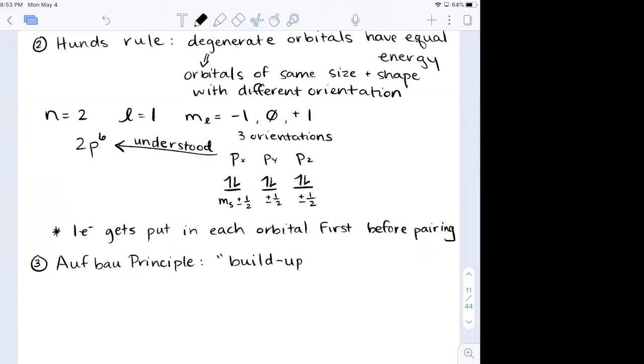It means that in order to build up my electron cloud, electrons are placed in low energy orbitals first. And we build up the electron cloud from there.